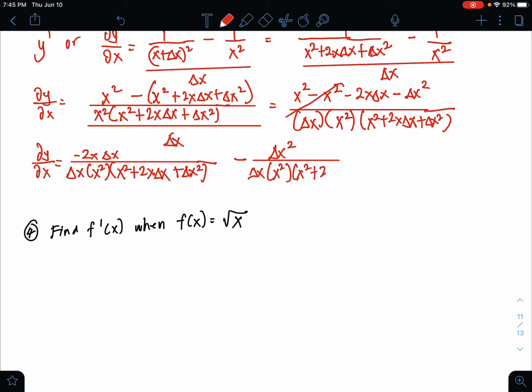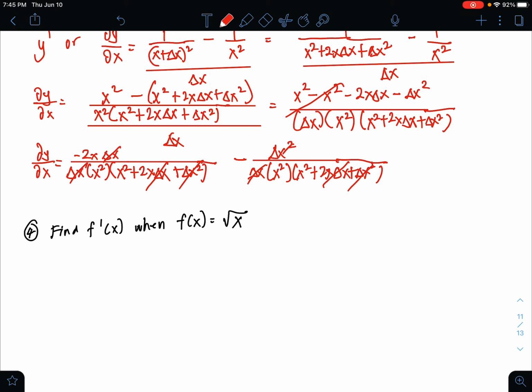X squared plus 2x delta x plus delta x squared. So, kani, mabilin isa. Kani, mawala. Okay, sige. So, kani, pak, wala, 0. Pak, 0. 0, 0. Di ba?